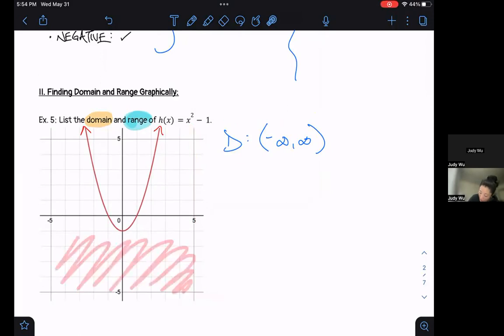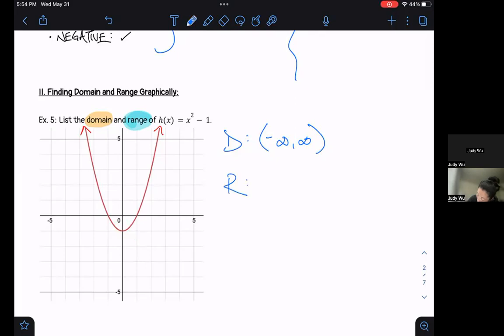In fact, the smallest value I see for y is -1, right? That means our range starts at -1, includes -1, and keeps going up until infinity. Okay, so domain, we're scanning across, and range, we're scanning up.